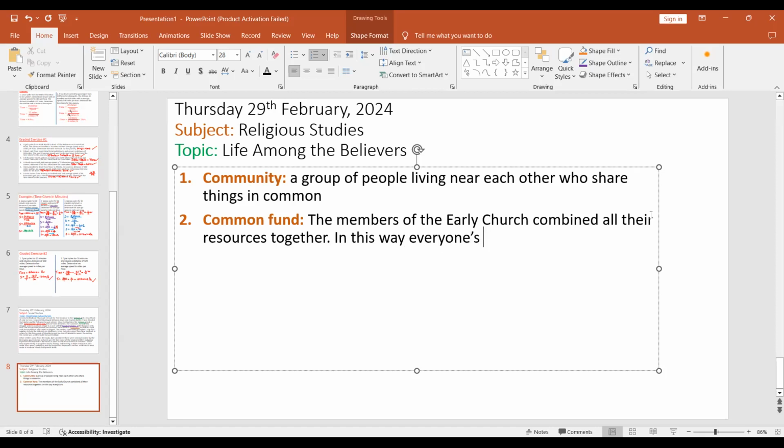Everyone's needs were taken care of, and no one was richer or poorer than anyone else. So they shared their stuff, right?